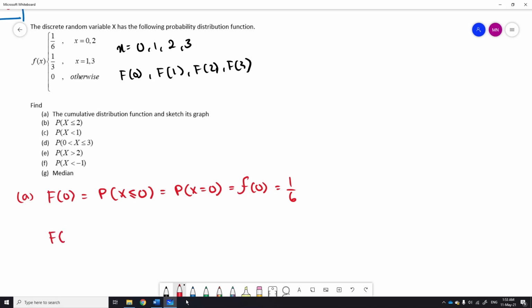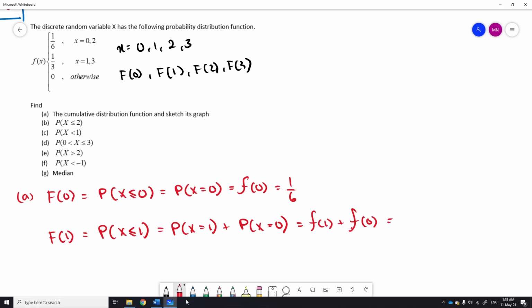Then we go to F(1), which means the probability of x less than or equal to 1, which is the function f(1) plus f(0). That is 1 over 3 plus 1 over 6, so equal to 3 over 6, equal to 1 over 2.